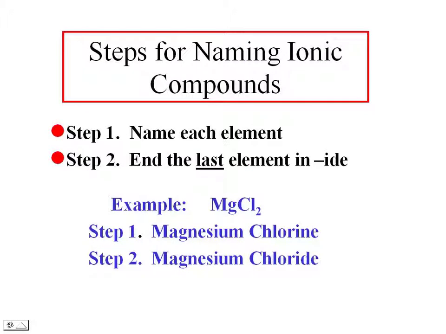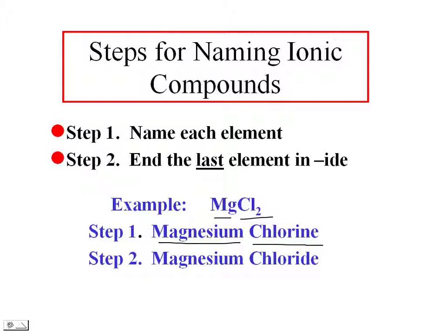Okay, the last thing we have to do with ionic compounds is we have to know how to name them. Basically it's 2 steps. You're going to name each element. Remember, do the positive cation first, the negative anion second, and then end the last element in -ide. For example, if you have MgCl2, the first one is magnesium, so you write magnesium, and then the second one is chlorine.